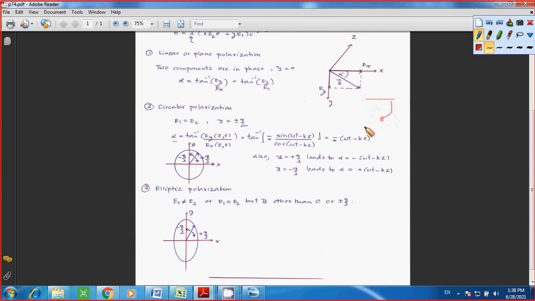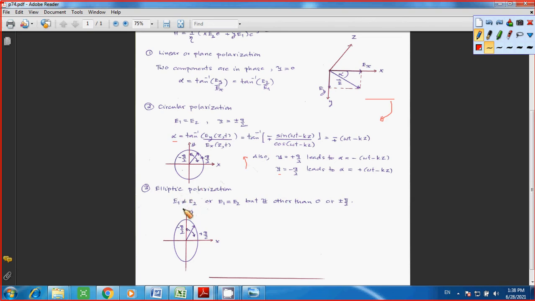If you rotate the wave in the clockwise direction. And for psi equal to negative pi over 2, this leads to alpha being positive. So this means we're going to rotate in the CCW, or counterclockwise.